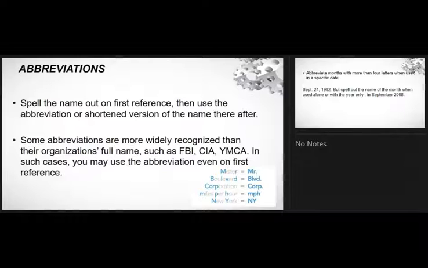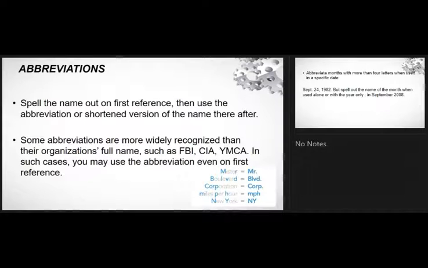So the next thing I'll talk about is abbreviations. Spell the name out in the first reference, then use the abbreviation or shortened version of the name thereafter. Most of us widely recognize organizations' abbreviations, such as FBI, CIA, YMCA, something like this.